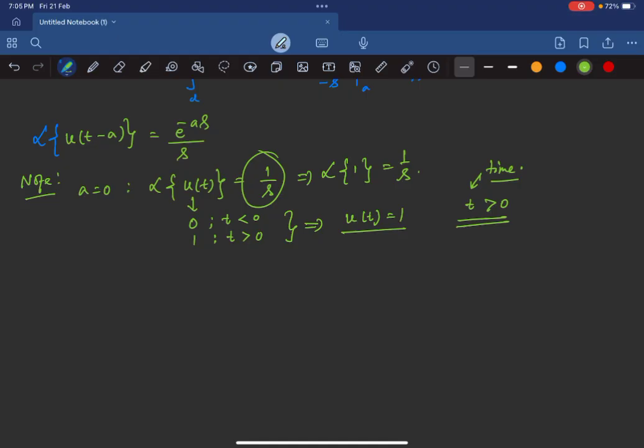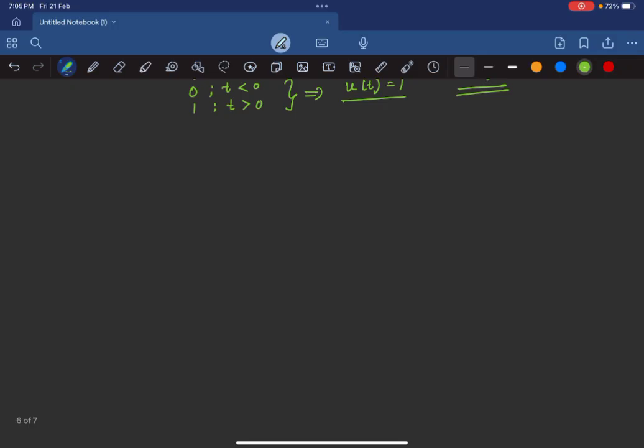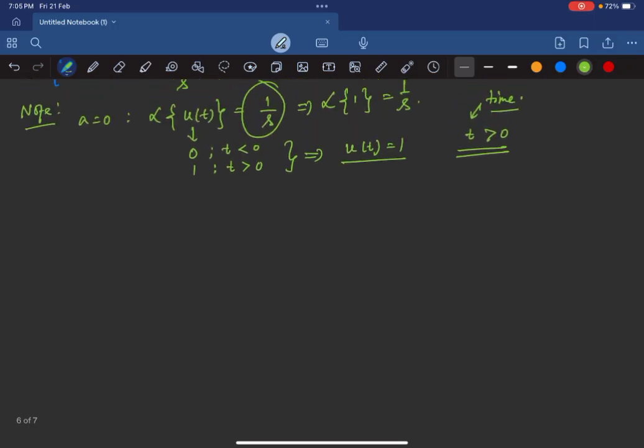Now, another important result I want to state here is the second shifting theorem, or second translation theorem.